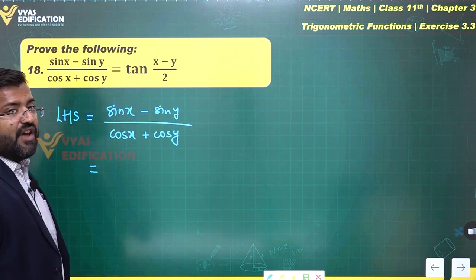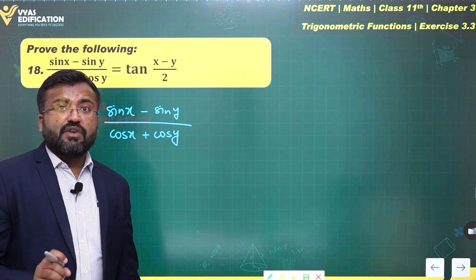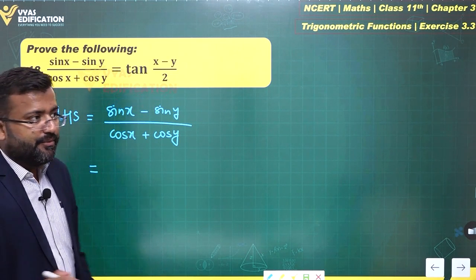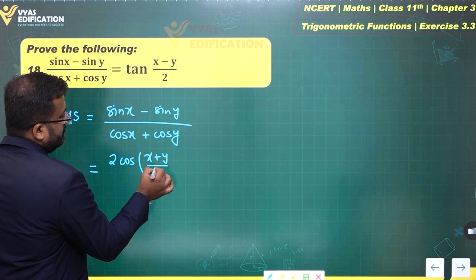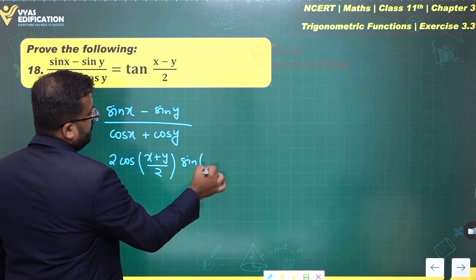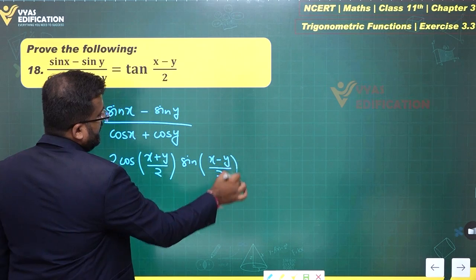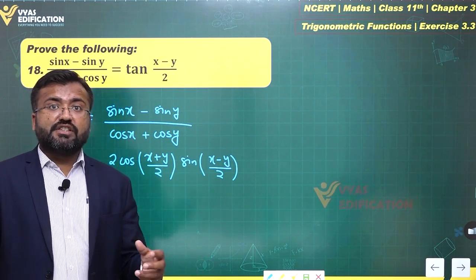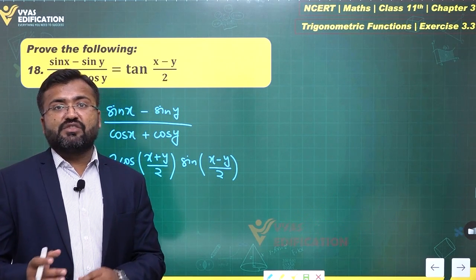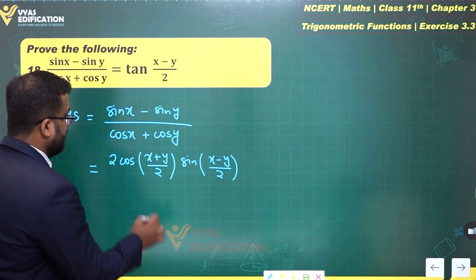Sin x minus sin y will be 2 cos (x plus y) by 2 sin (x minus y) by 2, right? Cos will come first. This is what it will convert to. What about cos x plus cos y? Cos x plus cos y will be 2 cos (x plus y) by 2 cos (x minus y) by 2.